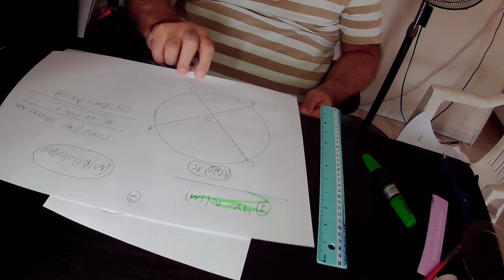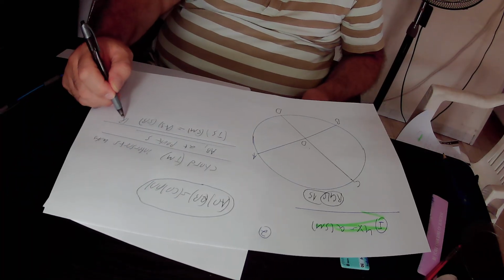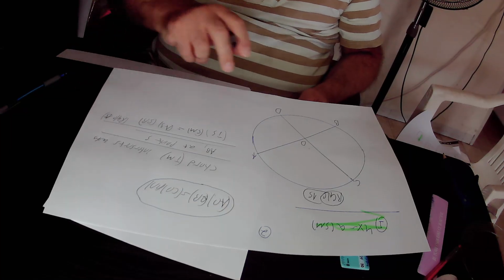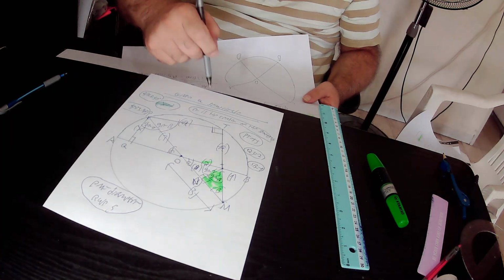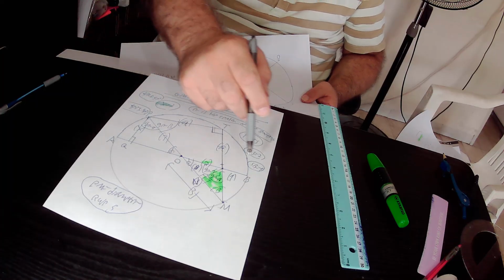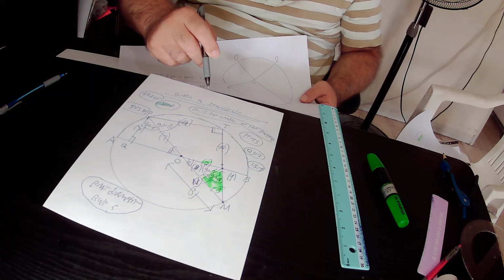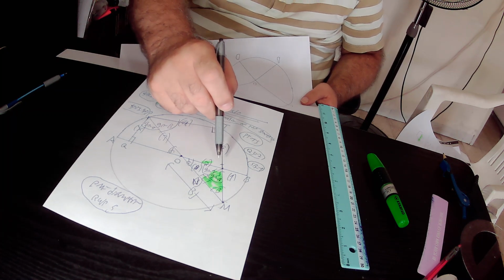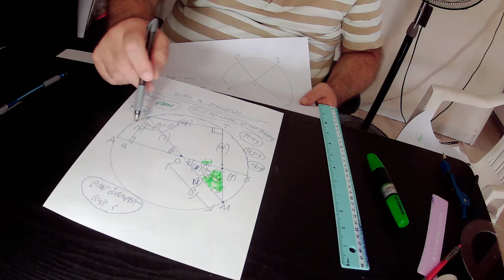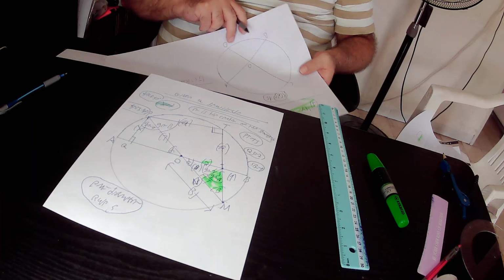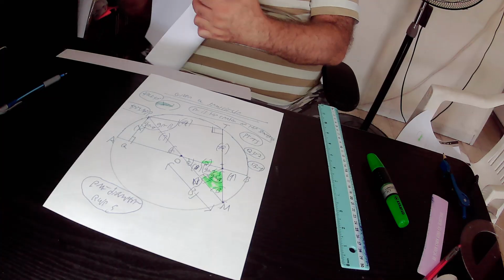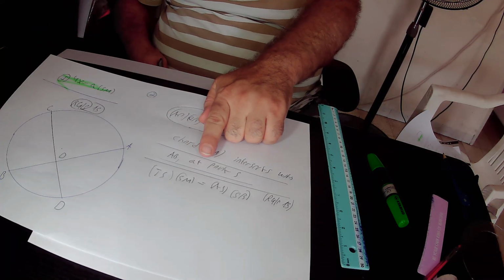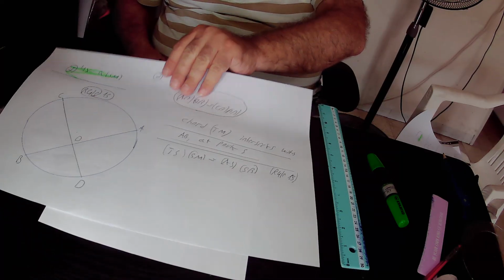According to rule 15, because chord TM intersects with chord AB at point S, the following equation is true: TS times SM equals AS times SB.